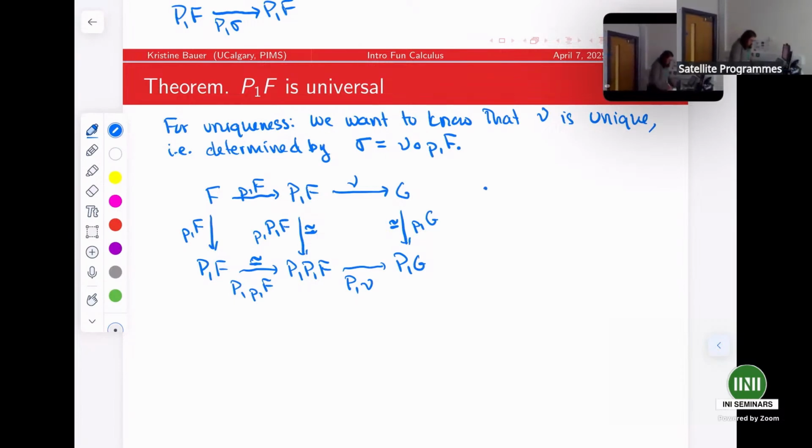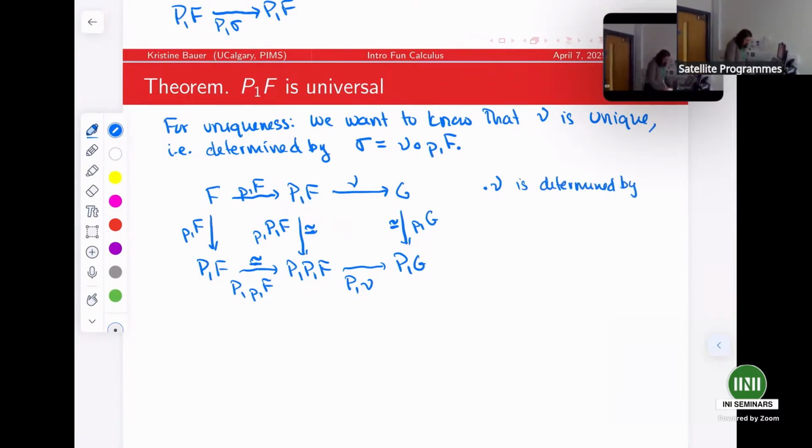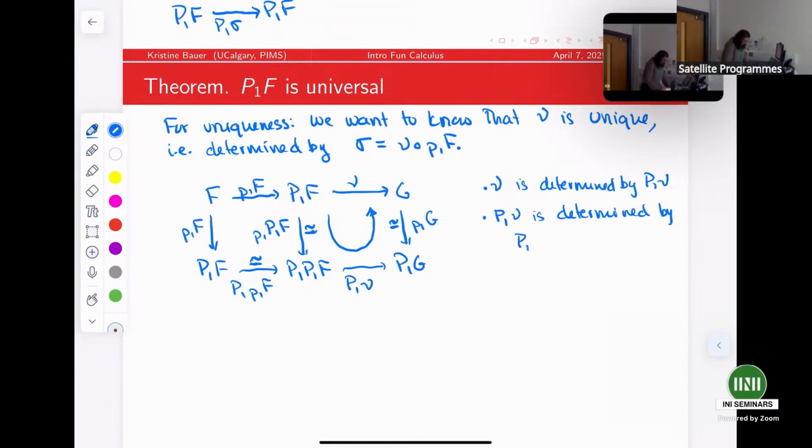So from this, I know that new is determined by P1 new, because it's what I get by going around the diagram this way. But P1 new is determined by the composite P1 little p1F composed with P1 new, because this one's a weak equivalence.